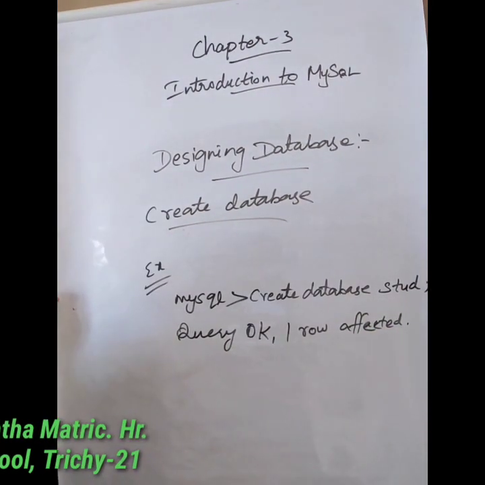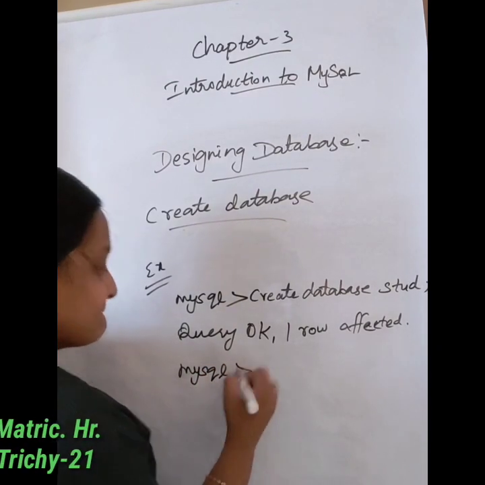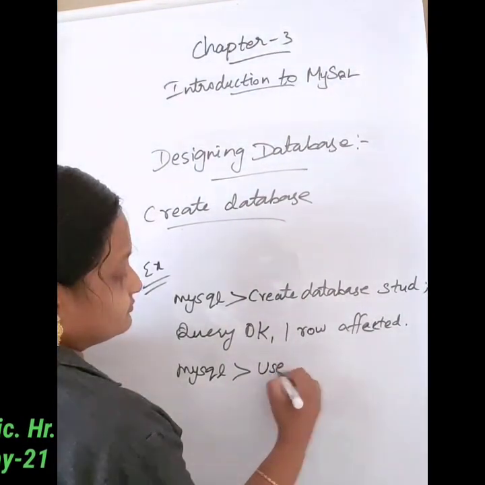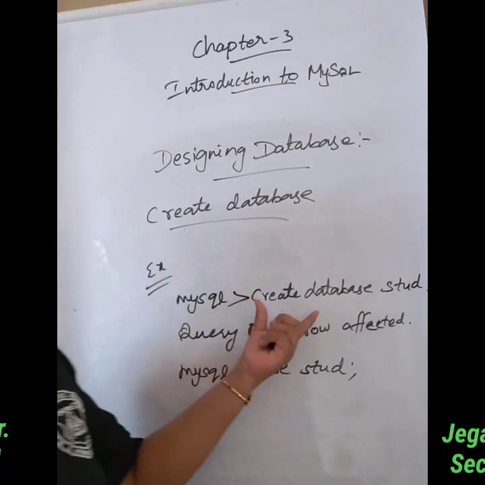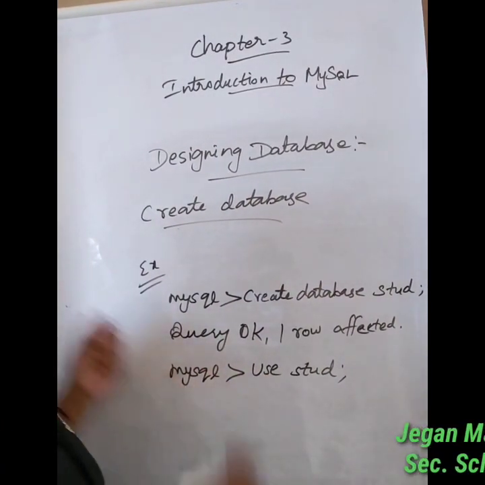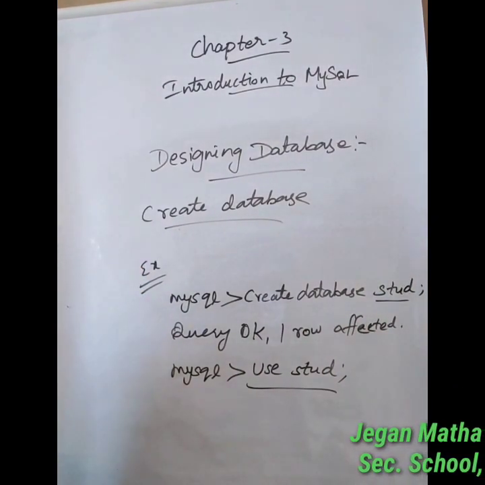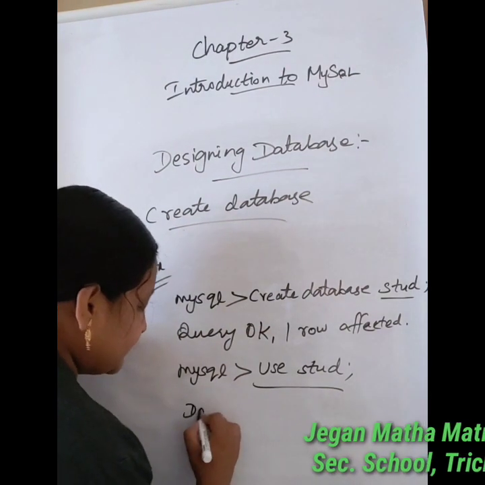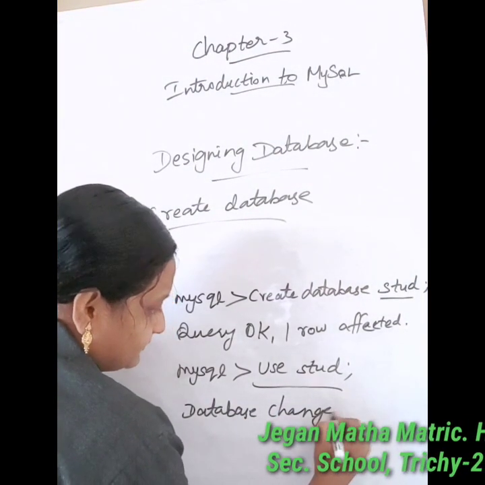Then second line is MySQL use. What is the meaning of the first line? It is used to create a database. Then second, use database means the database we created, we are going to use it. This is called use database. And then the system will display database changed. That is, it is ready for the work process.